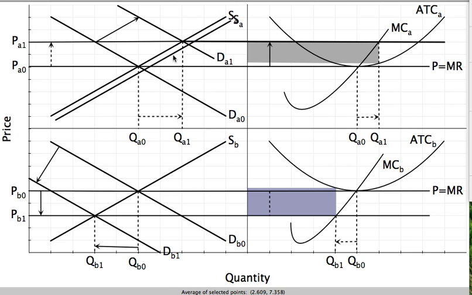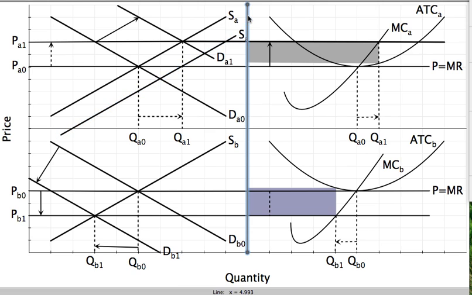And this will shift outward until I'll leave that there. It'd be tough to see. Let me rotate this around. That's a little better. So this is SA0. This is supply of A original. And this is the new supply of A.